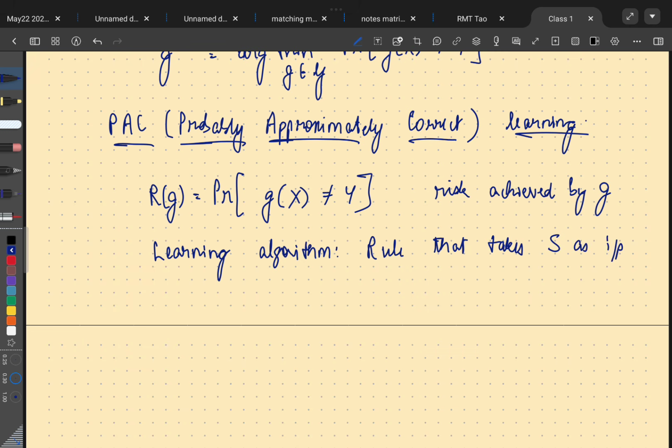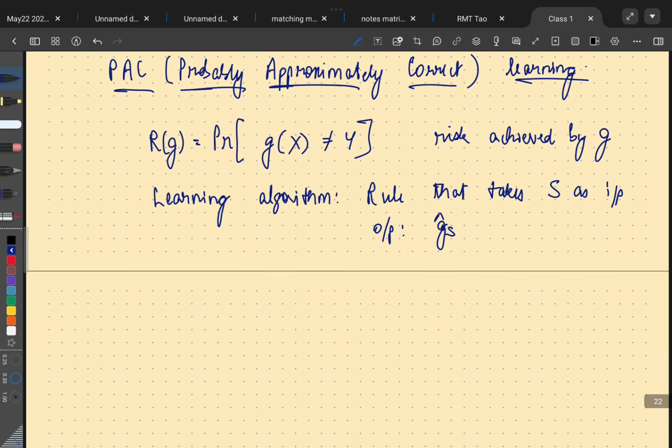Given a data set S, you output some G hat S. Maybe this G hat S is the solution to some optimization problem, or whatever. So given these samples, you output one classifier. The rule according to which you get a classifier from these data samples is going to be our learning algorithm. What is a natural algorithm to consider?